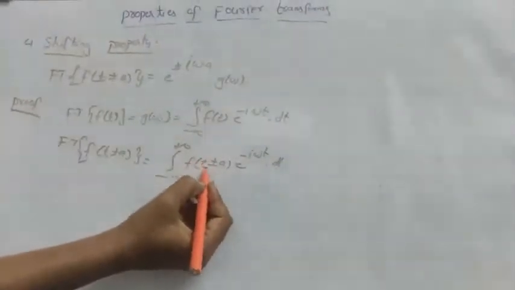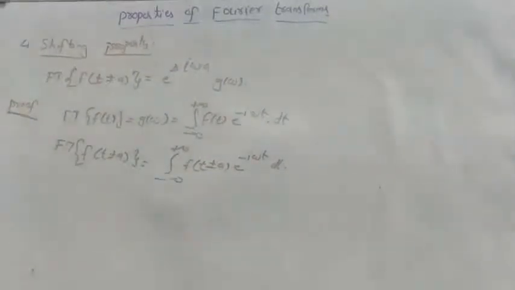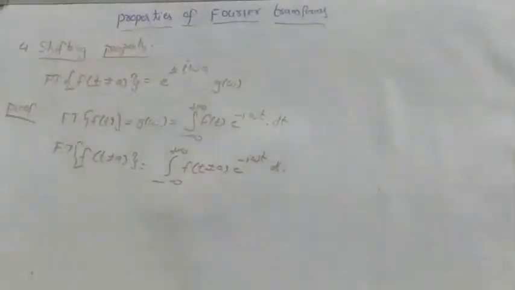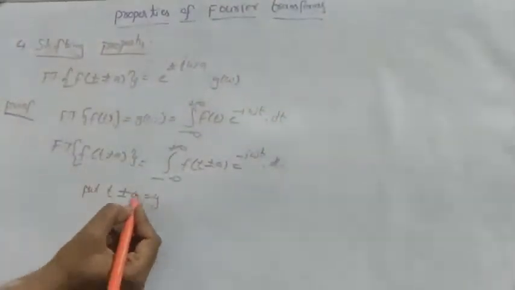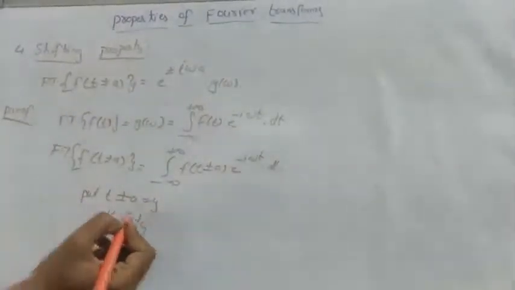Now, as here we are having t plus or minus a, let that term be equal to y. Put t plus or minus a is equal to y. Now, from this, can you find the value of the differentiation? So, dt, differentiation with respect to a constant is 0. So, dt is equal to dy.